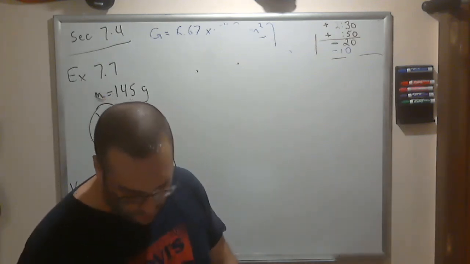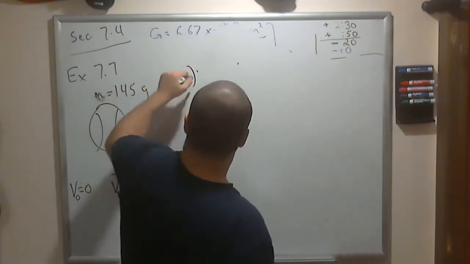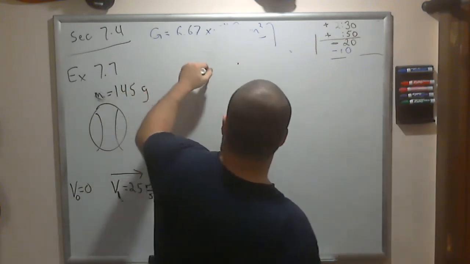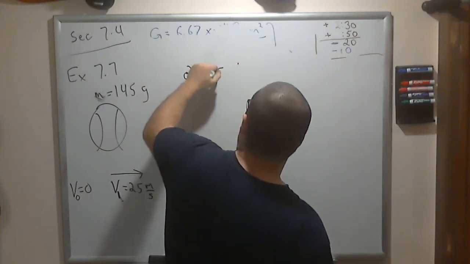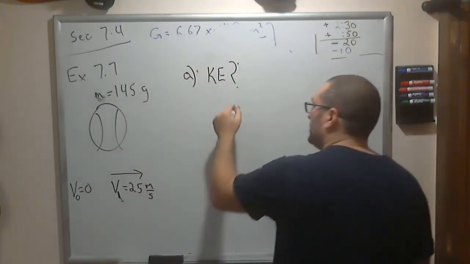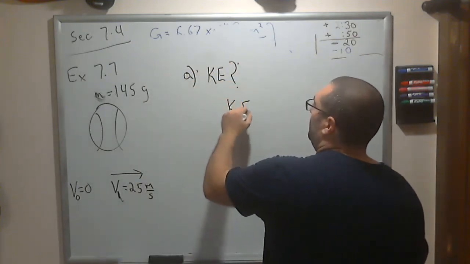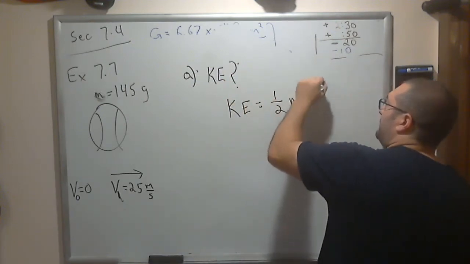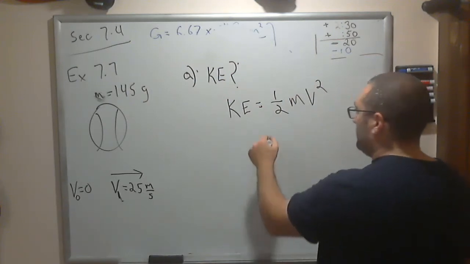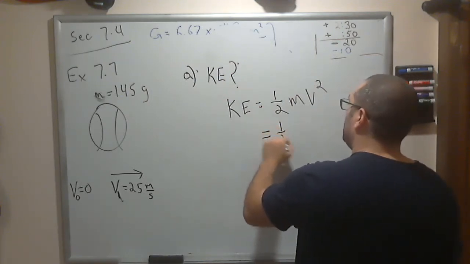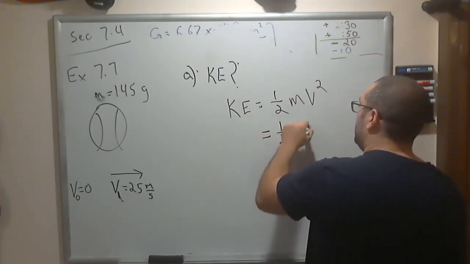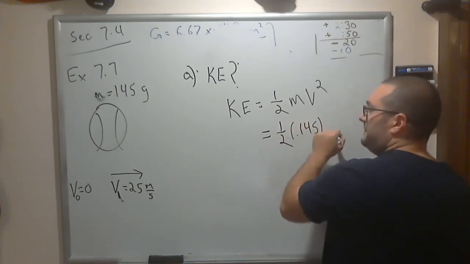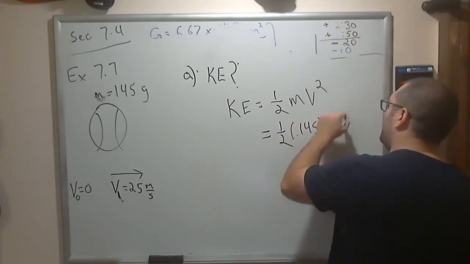So first they ask, what is its kinetic energy? And here we just take the formula for it. It's 1/2 the mass times the velocity squared. So then we plug it in, 25 meters per second.